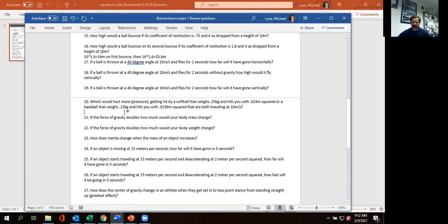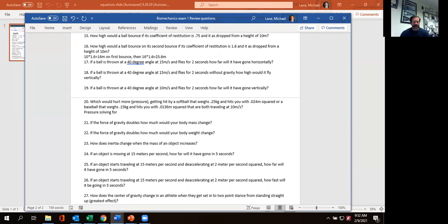So you just need to make sure you have something relatively consistent. You're solving for pressure, it literally tells you. So what you need to do is take that softball that is equal to 0.25 kg, okay? It's going to be traveling at 10 meters per second, and we'll just say that its deceleration is going to be 10 meters per second squared just to make life easy, because we're going to say they're both going to do the same basic thing.